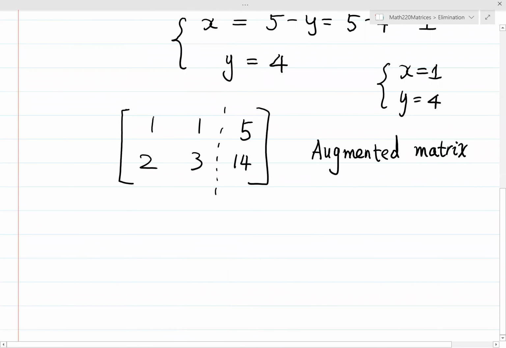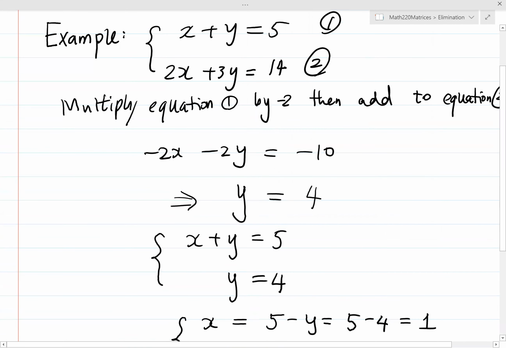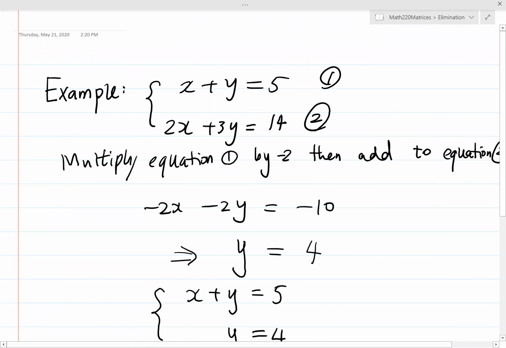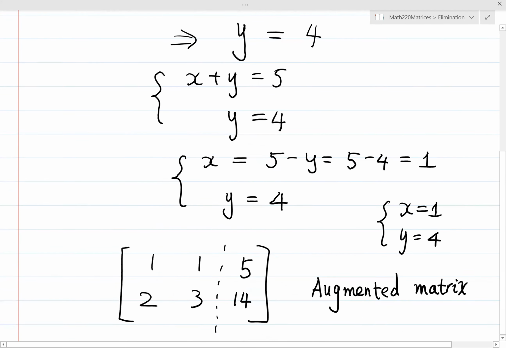Now, how do we manipulate these coefficients for elimination? What we do is row operations. Multiply equation 1, then add it to equation 2. So we do row operations.